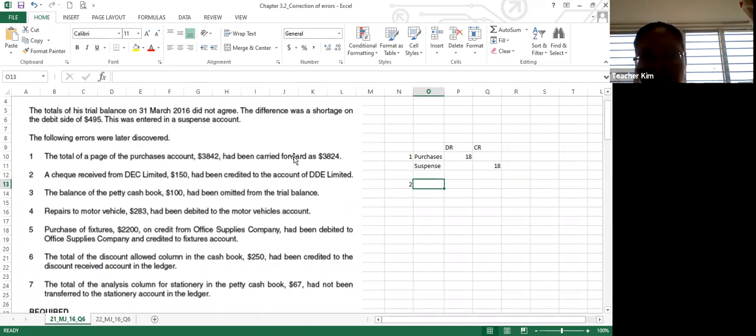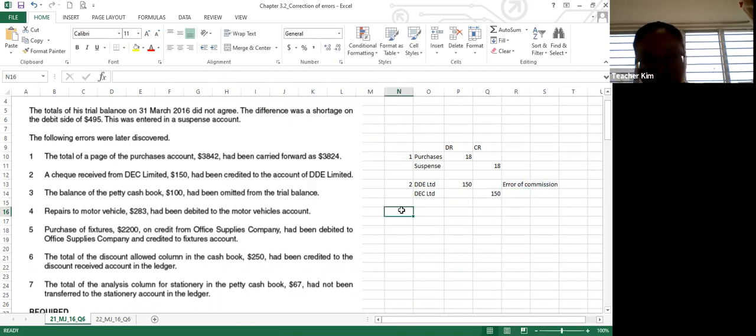So the customer was wrongly credited to DDE. So we have to reverse DDE Limited and credit DEC Limited. 150, 150. And this error is an error of omission.